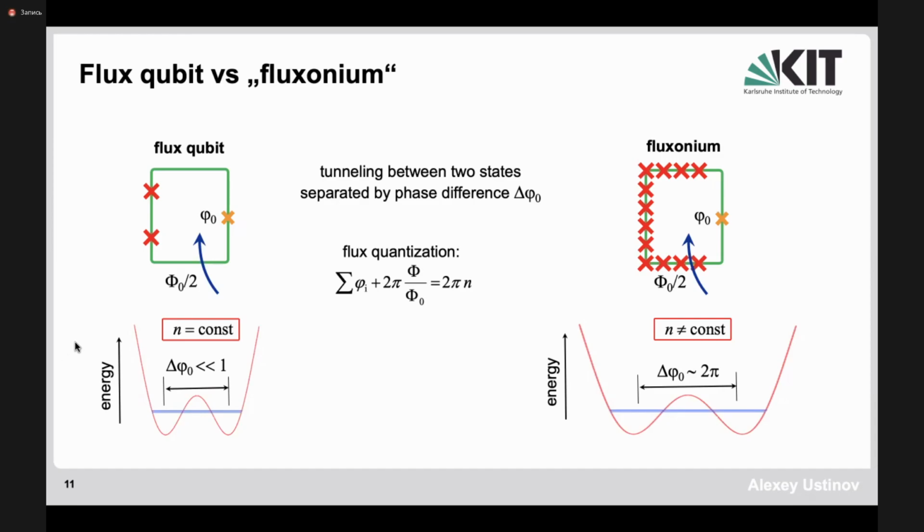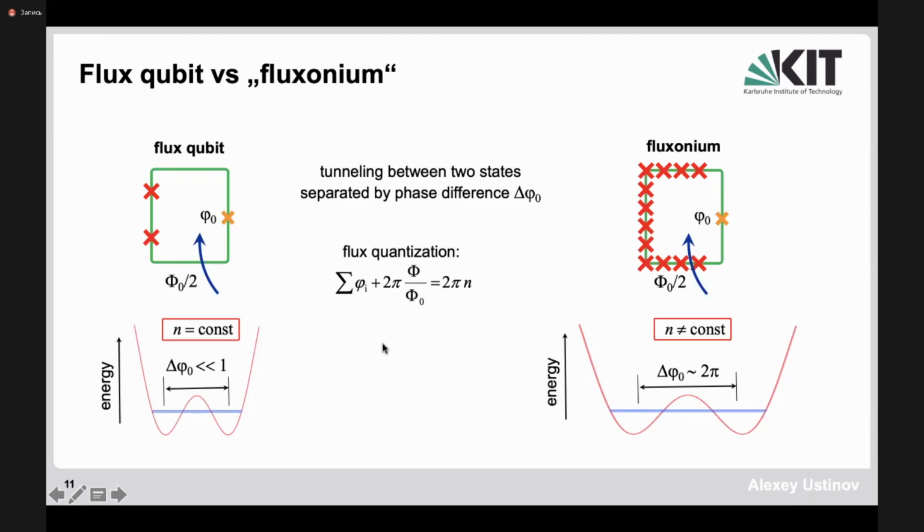If you go from one state to another, the change of the phase on the junctions is quite small. It's much smaller than pi, or even much smaller than 1, because the barrier is very low and the distance in the phase space is very short.